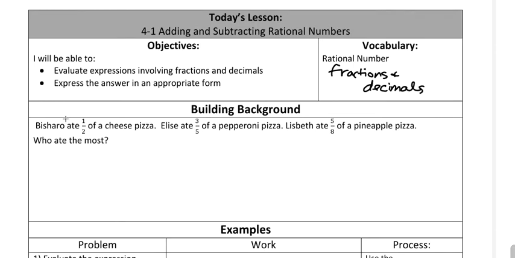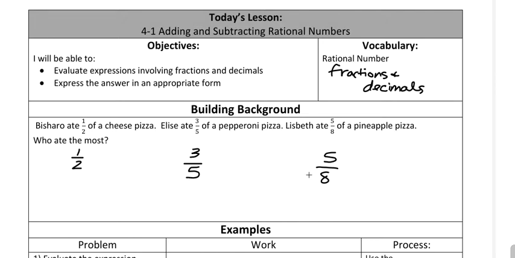Okay, so Basharo ate 1/2 of a cheese pizza. Elise ate 3/5 of a pizza, and Lizbeth ate 5/8 of a pizza. I want to know who ate the most. So I want to think if they were cut into the same amount of pieces.